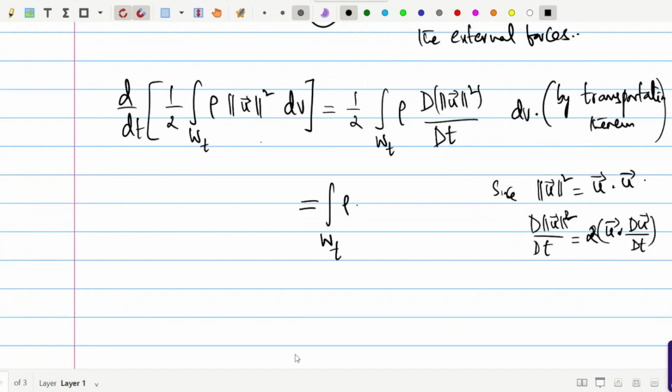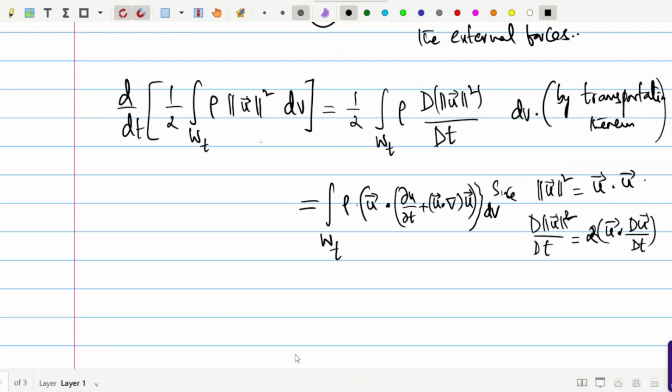u bar, since rho is a scalar, dot product with Du/Dt, which you can write as dou u by dou t plus u dot gradient acting on u. These are all vectors, and this whole thing is a vector dotted with u, dV.